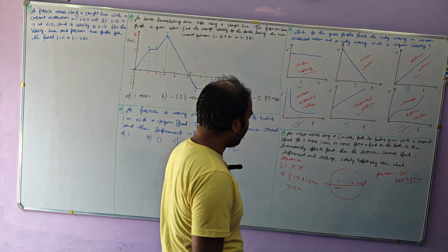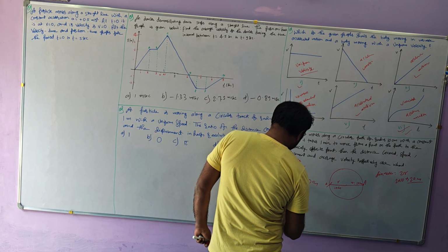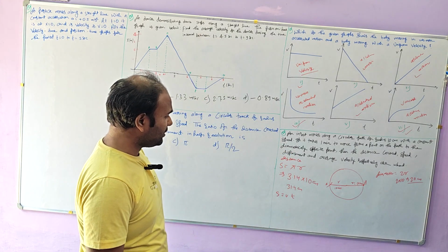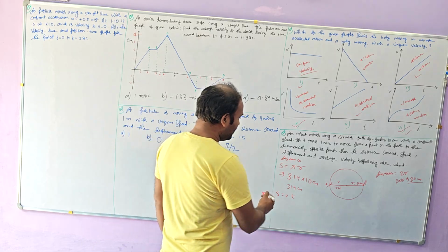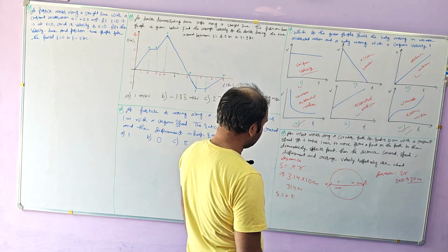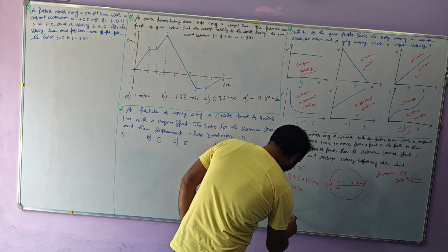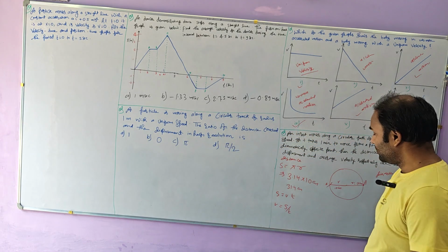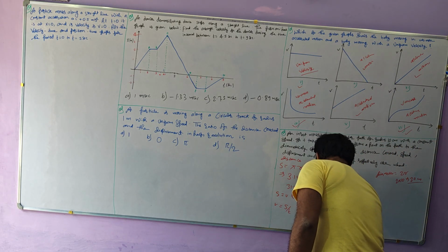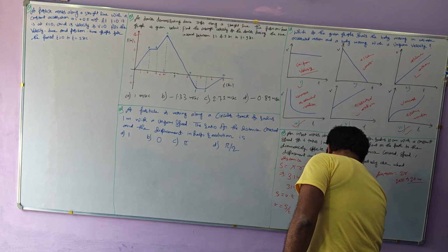Speed is what? S is equal to Vt. Then V is equal to S upon T. And we know S is 31.4 centimeter, and time is 1 minute.